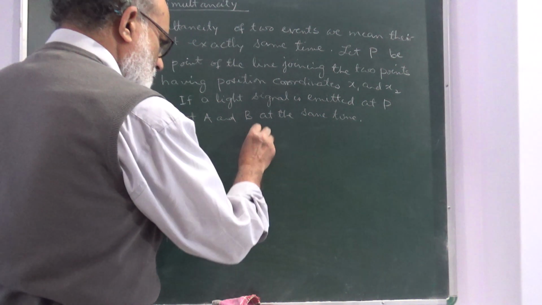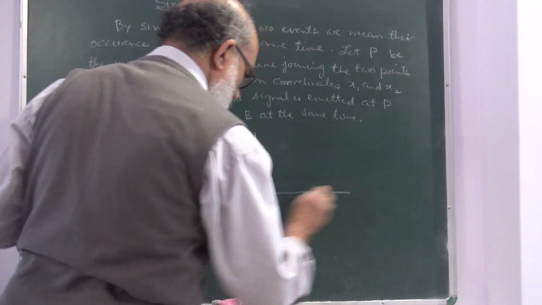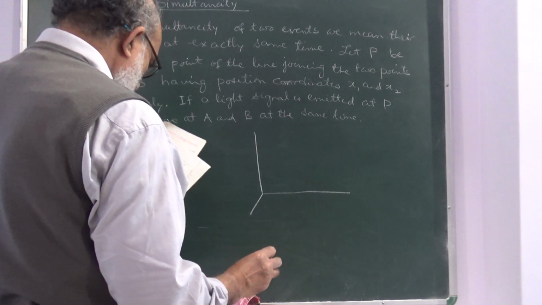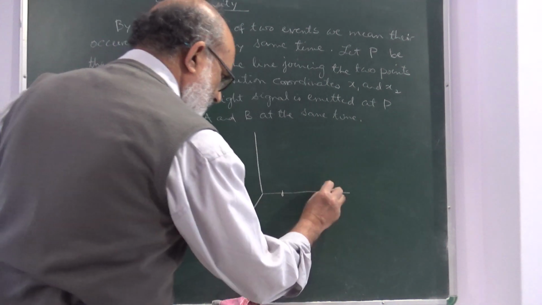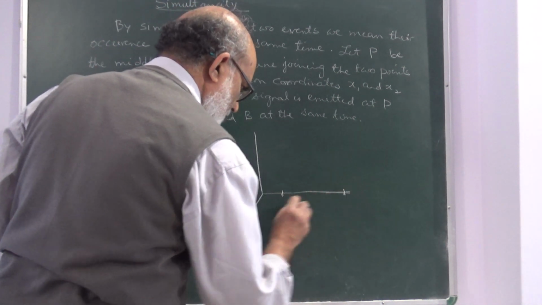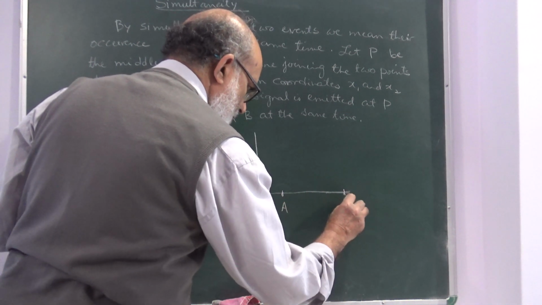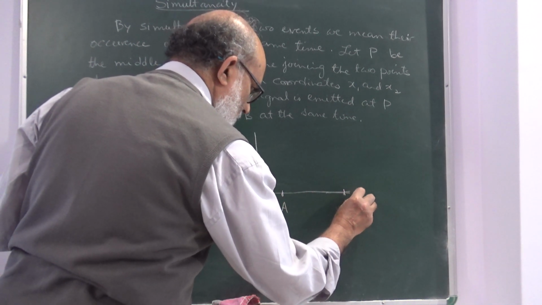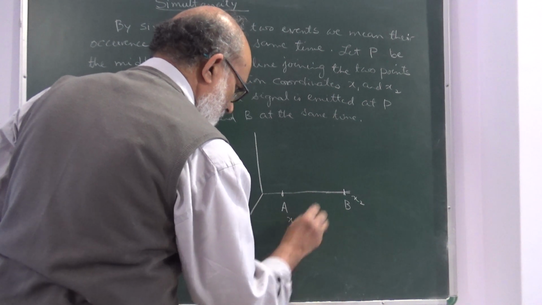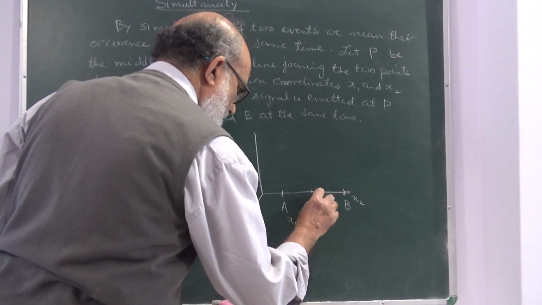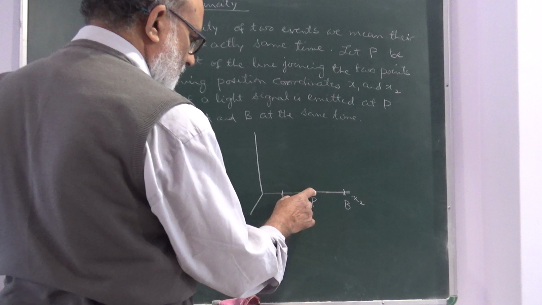Suppose there is a length between A and B. B coordinate is x2 here, x1 is here, and P is the middle point. And we flash a light here.